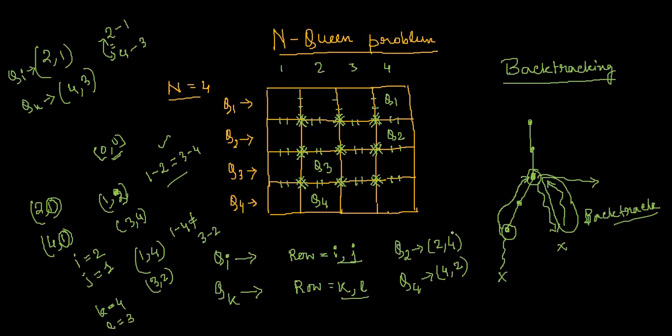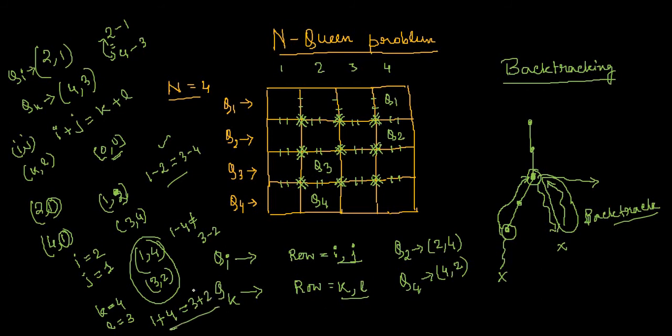If you closely watch both cases, here I can say that if queen i is placed in the ith row and jth column, and queen k is placed at the kth row and lth column, and if they are in a left diagonal, then i plus j will be equal to k plus l. You see? You can relate them as 1 plus 4 is equal to 3 plus 2.